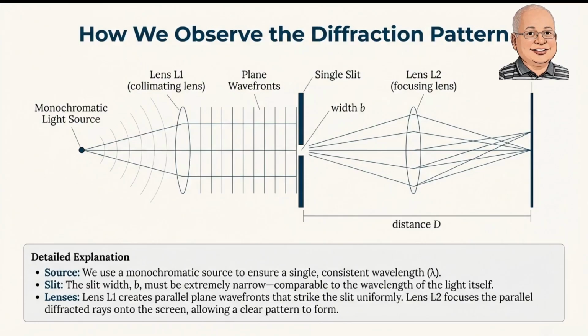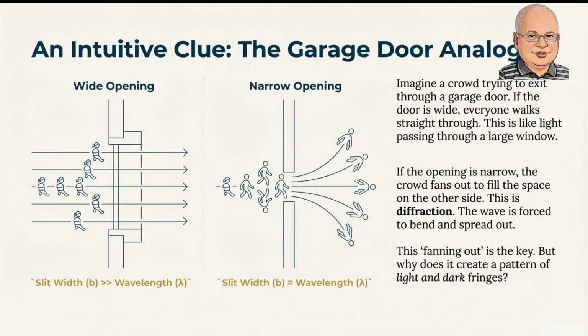When it passes through the slit, in front of it, we place another lens, which is a focusing lens. So the light coming out of the slit gets focused by the second lens, lens 2. At a distance d from the slit, there is a screen, and the second lens focuses the outgoing light onto the screen.